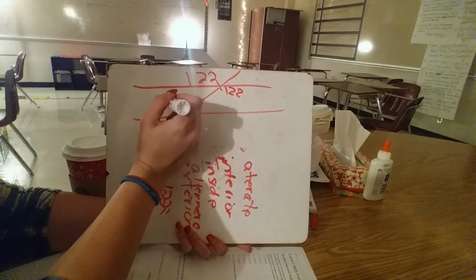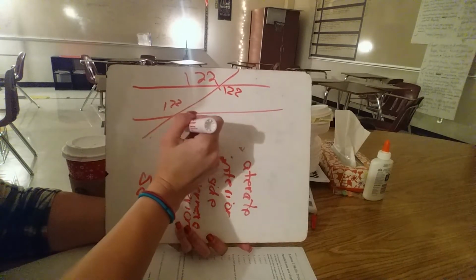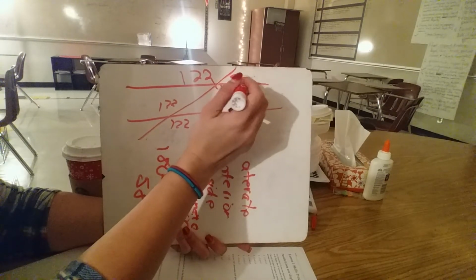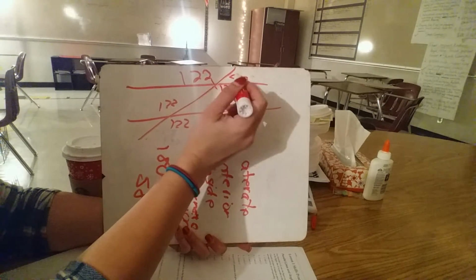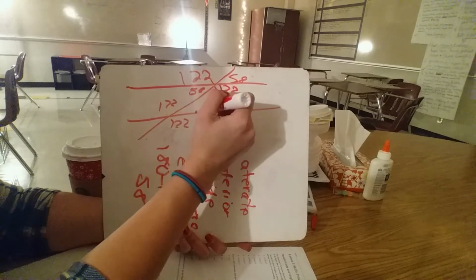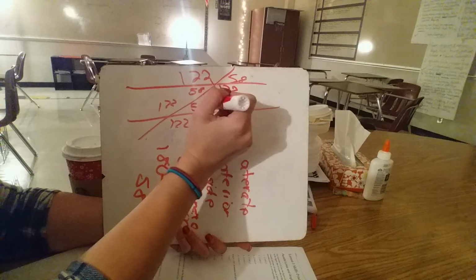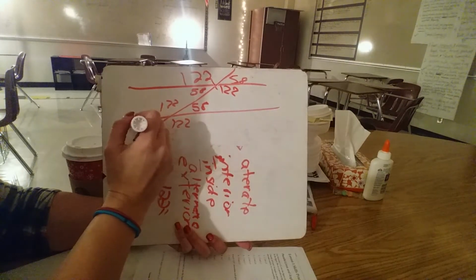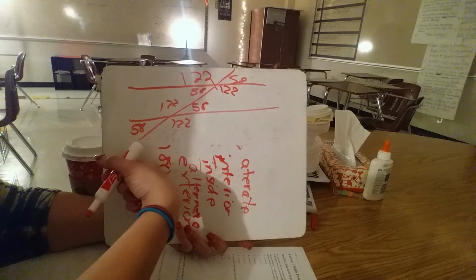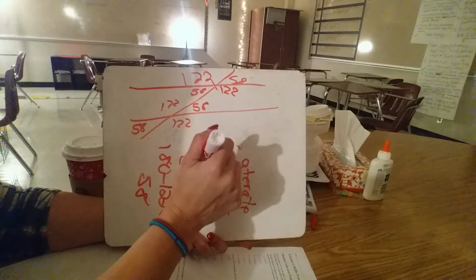Right across it again, 122. And let's say this is 58. And right across, see how it makes that little X? It's 58. And right across, 58. And then bam, you've got all your angles. So this should be enough to help you.